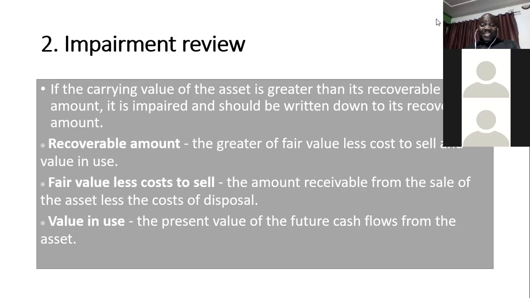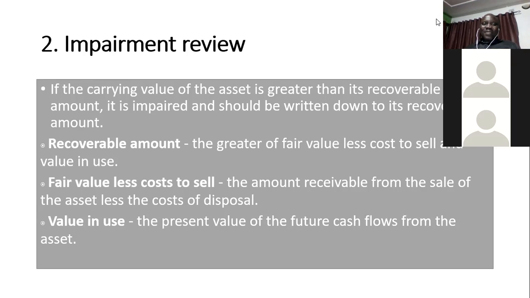If it's the opposite, then you can revalue your assets upwards. So there will definitely be a surplus in your revaluation account. Otherwise, you have to impair and write down to its recoverable amount. That then affects your bottom line, the other side, in your comprehensive income.